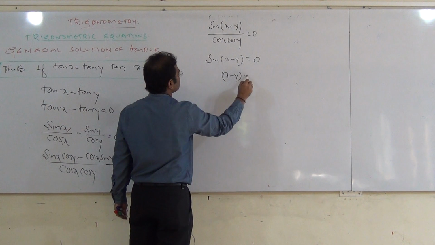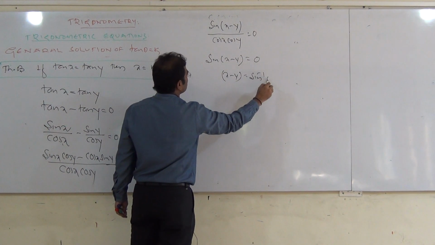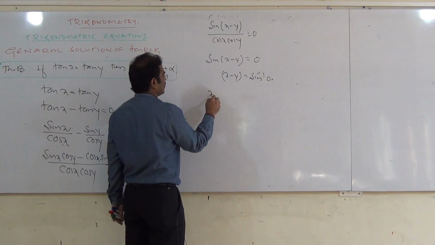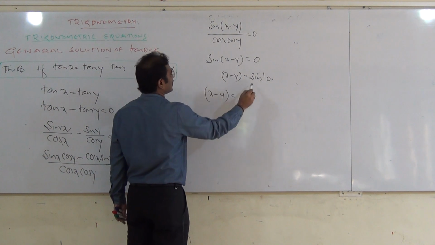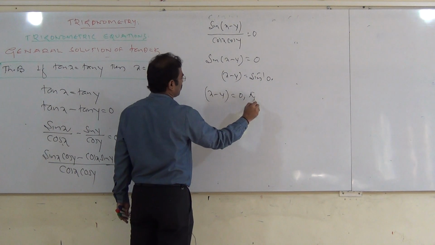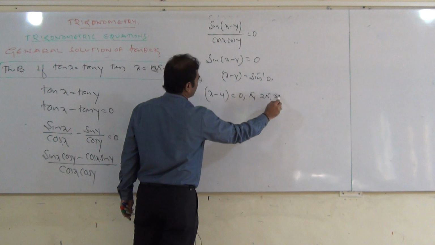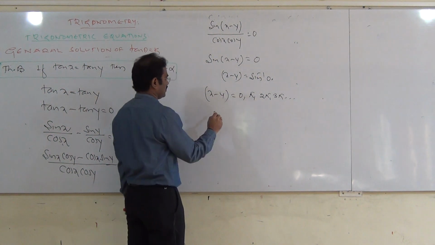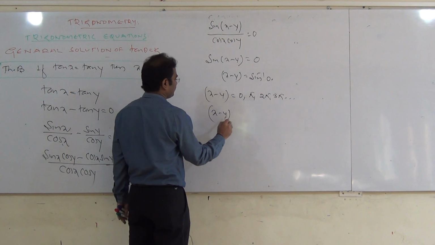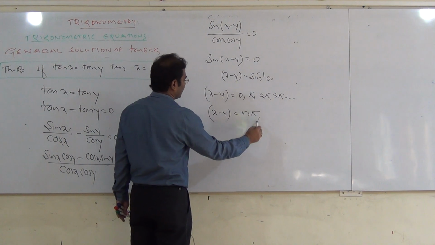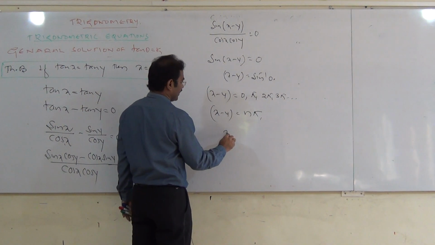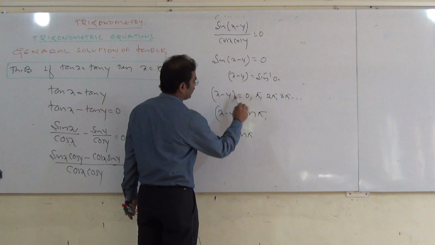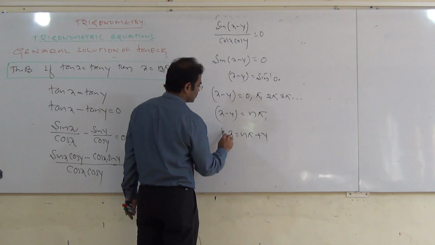X minus y is equal to sin inverse of 0. X minus y, when will it be 0? Same, 0, pi, 2 pi, 3 pi. In general, what do we say? Integral multiple of pi, or x is equal to n pi plus y. The answer.